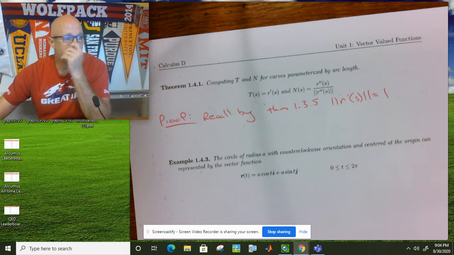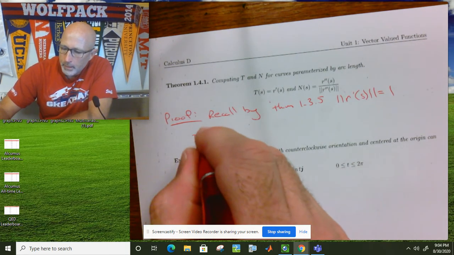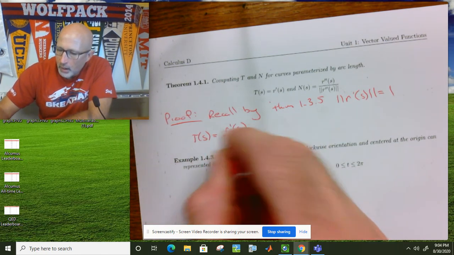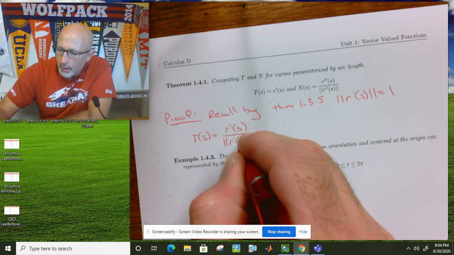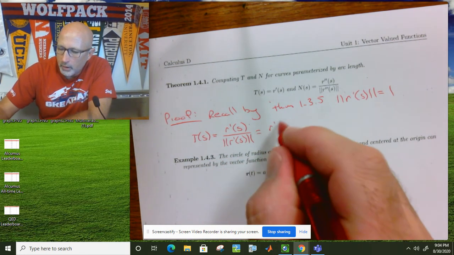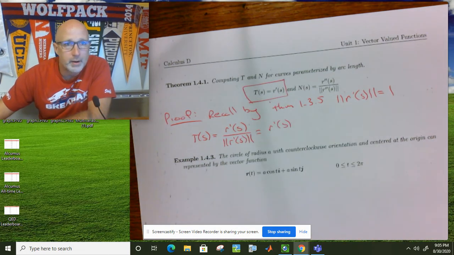Because of that, T of s, by the definition, is r prime of s all over the magnitude of r prime of s. And we just talked about that being equal to 1, so it's equal to r prime of s. And that's that first portion I wanted to show right there.